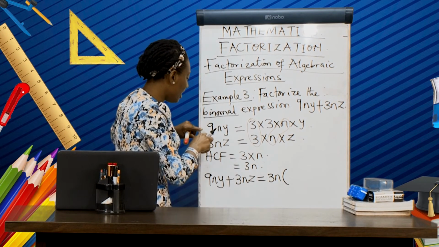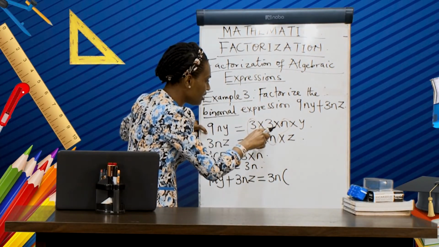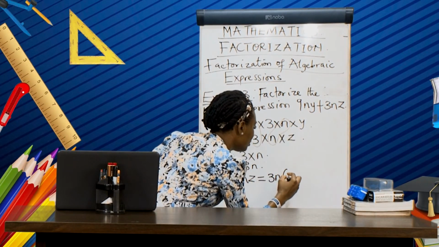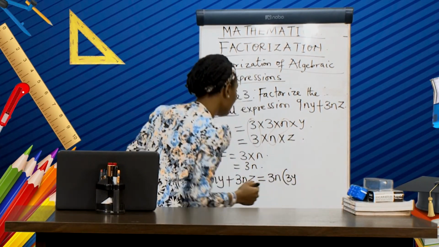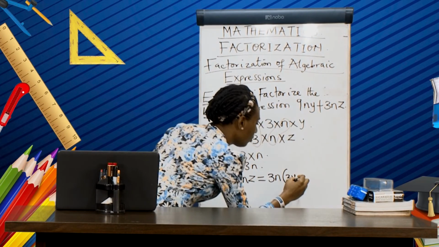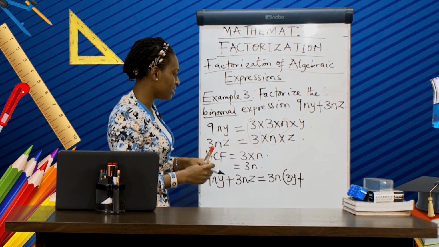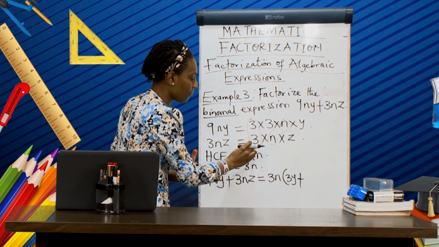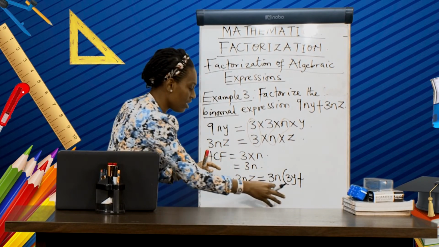Then what do we have left in this term? We have 3 and y left, which gives us 3y. So you simply put that down, 3y. Then the sign that connects them is the addition sign, plus, what do we have left here? We have just z. We know 3 is a factor and n is also a factor, which we have brought out.